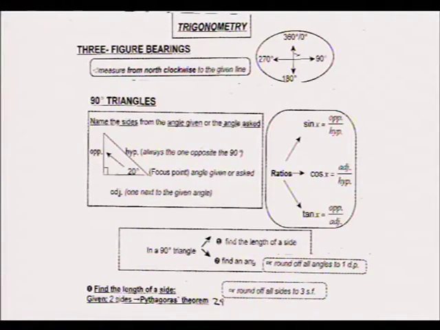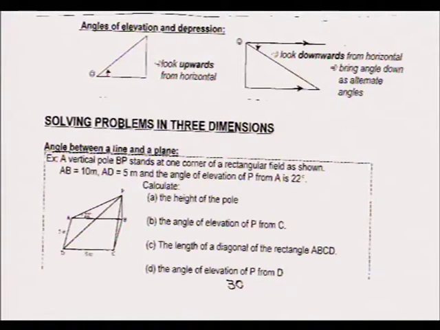Triangles, we all know triangles and the ratios, sin, cos, tan, SOH CAH TOA, as you remember. The angles of elevation and depression: when you are looking up from the horizontal, that is elevation, and with depression, you look downwards from the horizontal. Right, look at your pictures there.